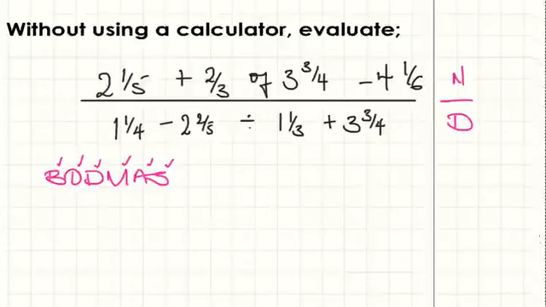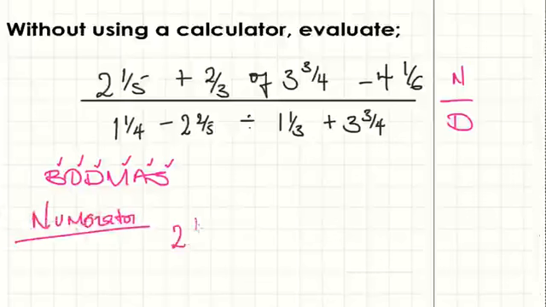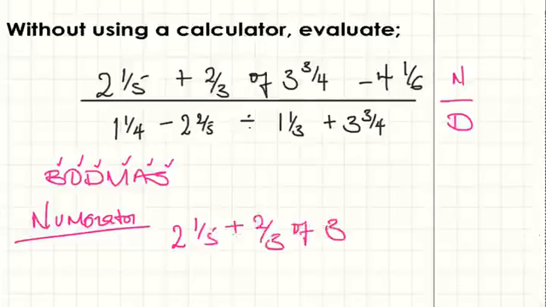So we'll begin with the numerator, which is 2 1/5 plus 2/3 of 3 3/4 minus 4 1/6.